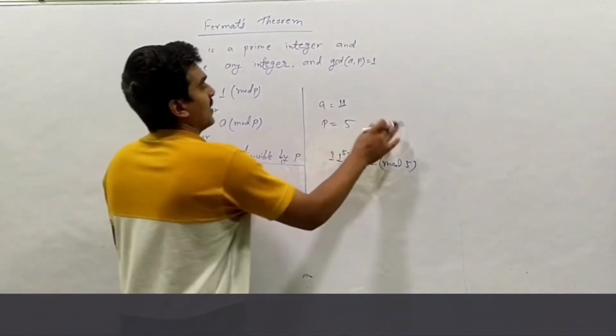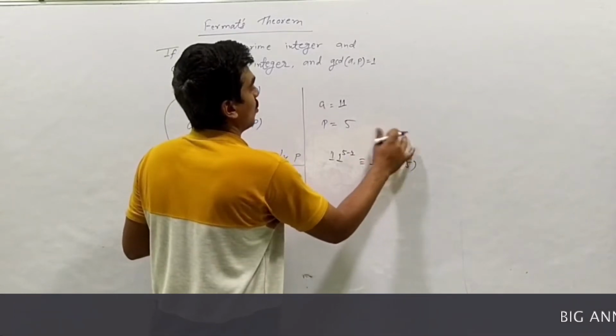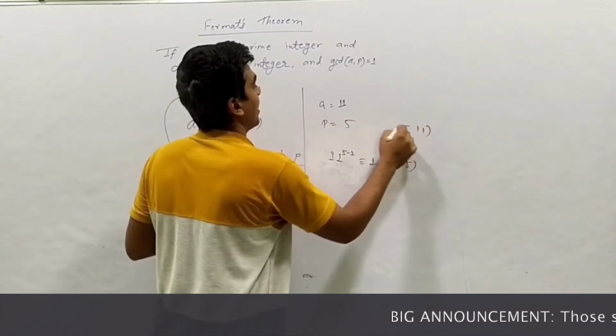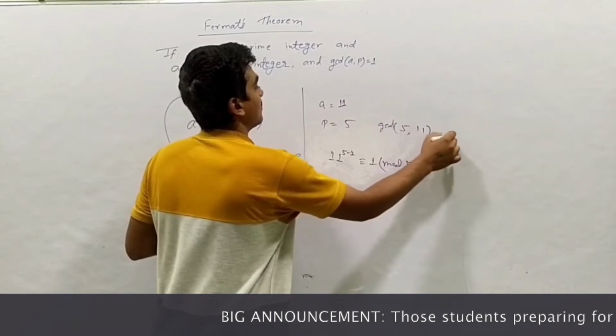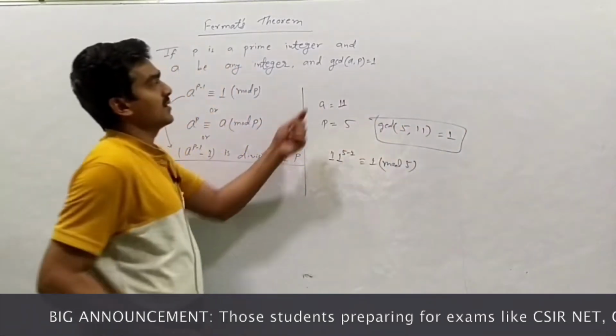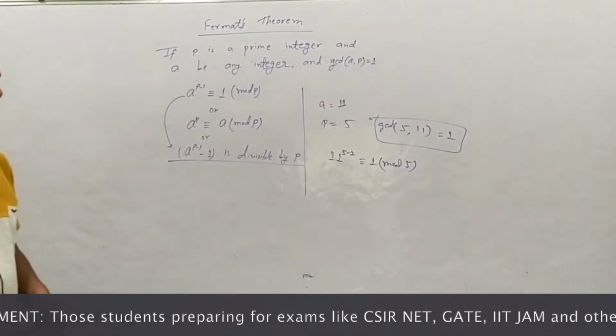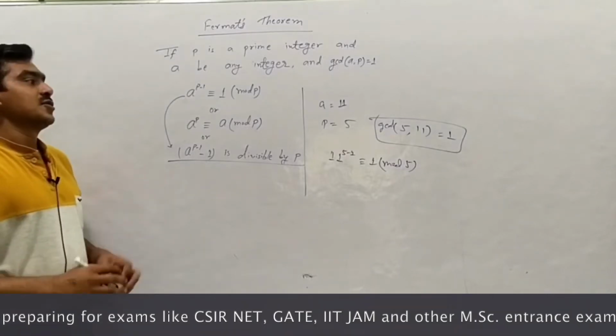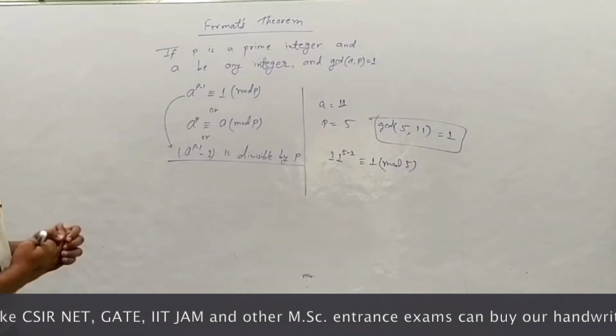Here the condition must hold: GCD of 5 and 11 must be 1. This condition is very important. GCD of a and p must be 1.